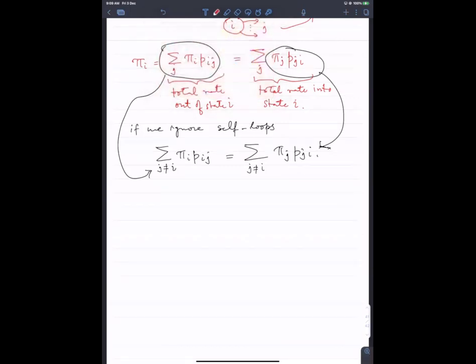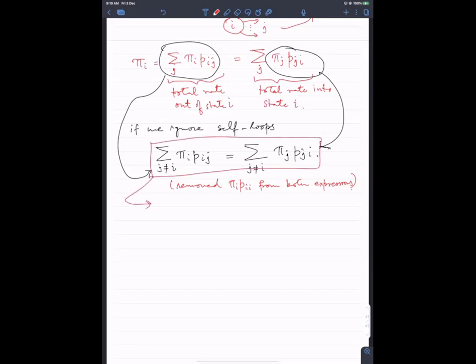What we have done here is removed pi i p ii from both sides, from both expressions. And these are called balance equations.